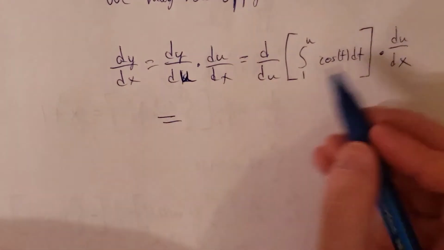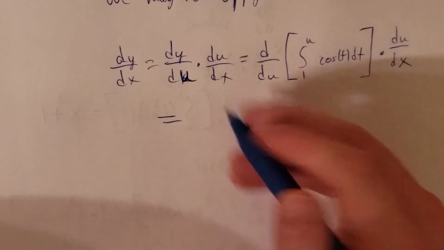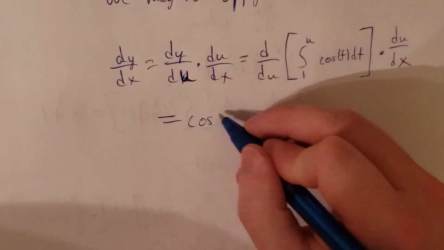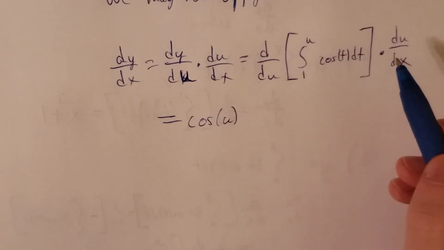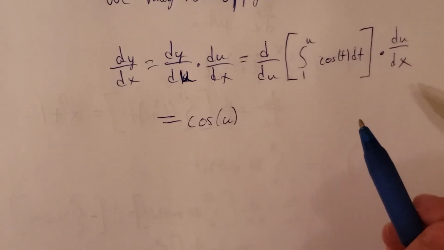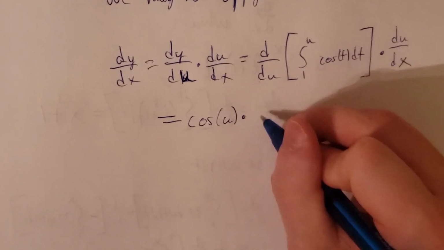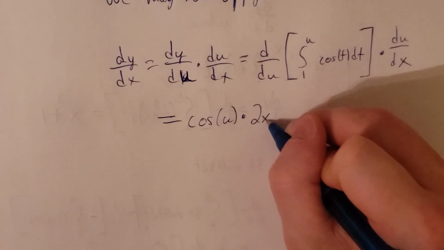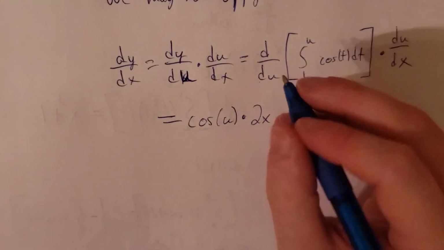All right. What is the derivative of this integral? Well, that is just cosine of u, right? Cosine of the variable that's up here that we're going to. And then we multiply by du dx. So that is 2x, because u was x squared, so the derivative of that is 2x.